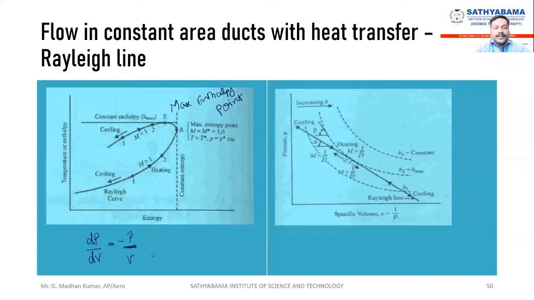And then dp by dv is nothing but minus of P by V. I am just stating that it has some constant pressure and some constant specific volume, and I am writing this expression like this, right? And now I have to replace this using the speed of sound formula. It's very simple. What is your speed of sound? a is equal to root of gamma P by rho. Everybody knows this formula, right?